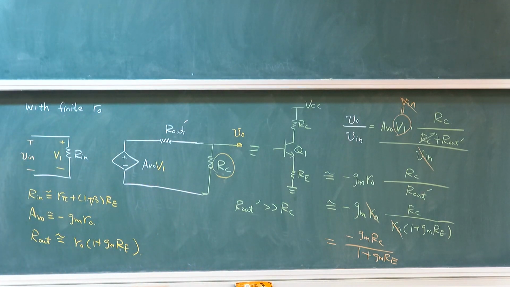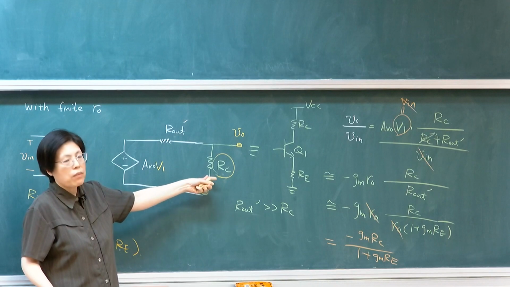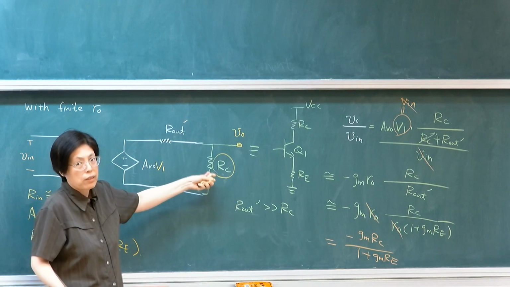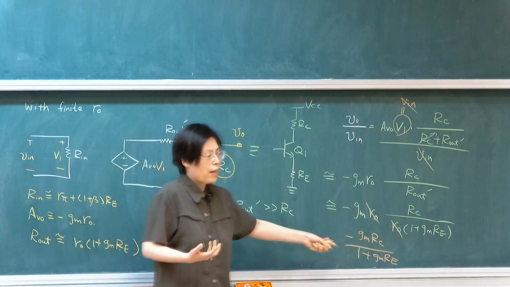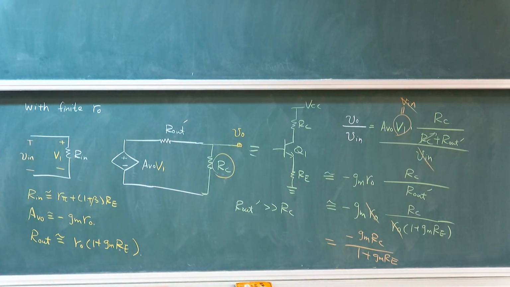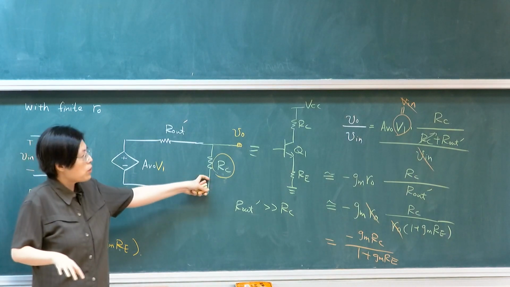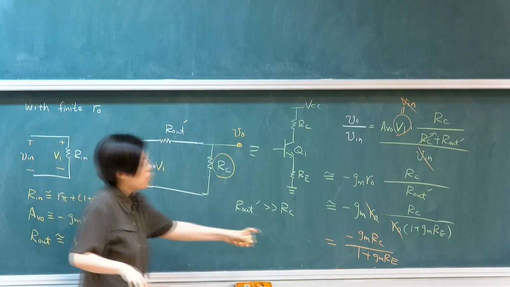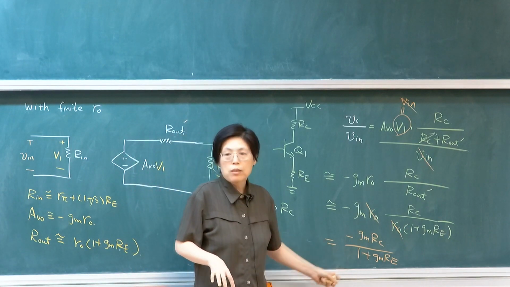So what this implies is that when you're considering R out, as long as your output resistance is the dominant resistance, much larger than whatever loading resistance, you're going back to your original result. This is only true when I'm having a very ideal load, or this resistance is very, very large. When this one dominates and this resistance is much, much smaller than that, then you go back to your previous results by ignoring it.